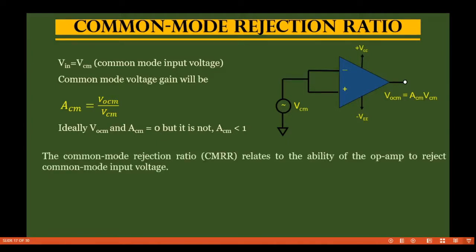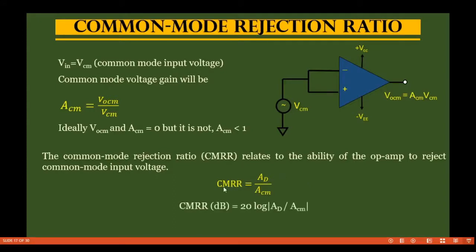So the common mode rejection ratio relates to the ability of the op-amp to reject the common mode input voltages. CMRR is defined as the differential voltage gain upon the common mode voltage gain. So ideally ACM should be equal to 0 in an ideal op-amp. If this is 0, then the CMRR in the ideal case will become infinite, right?